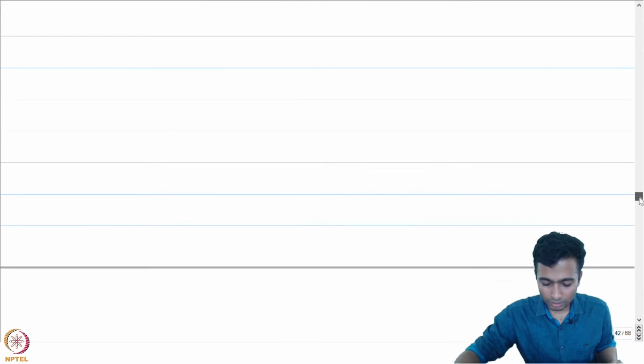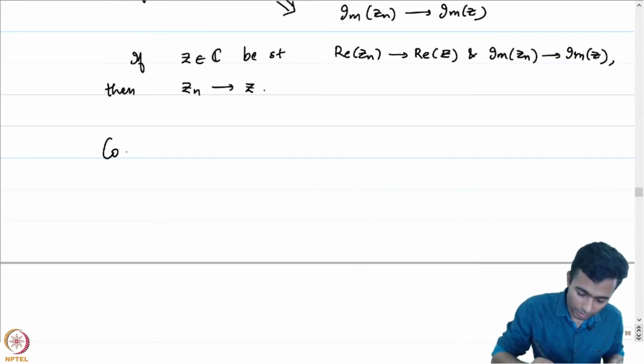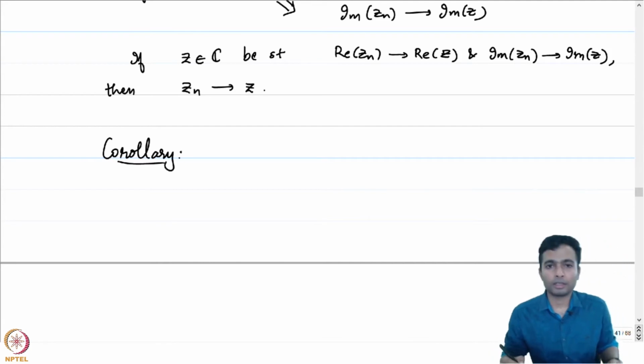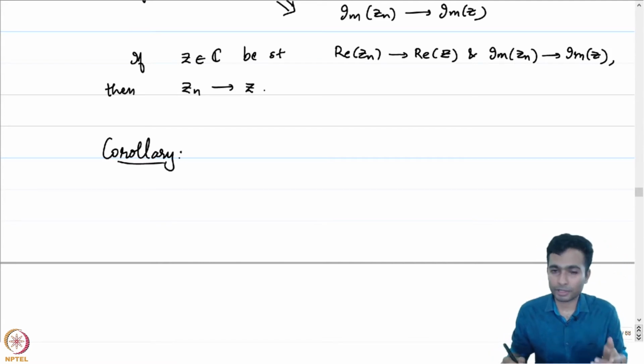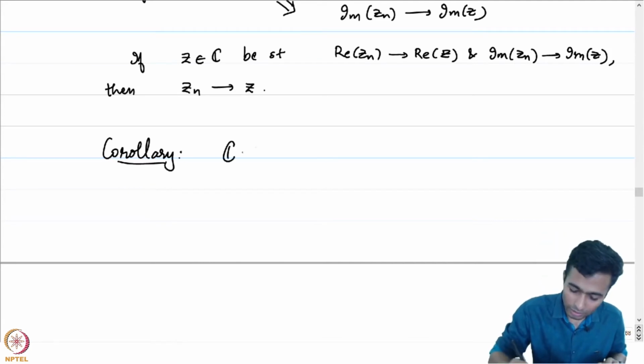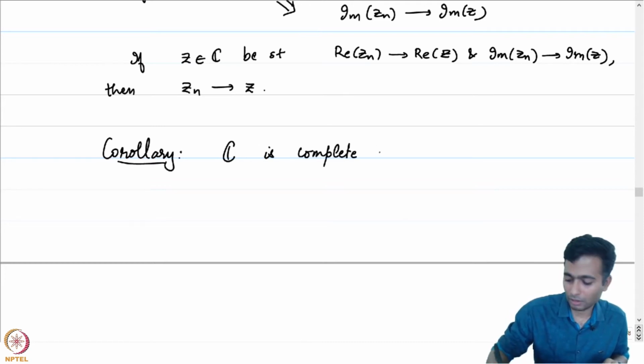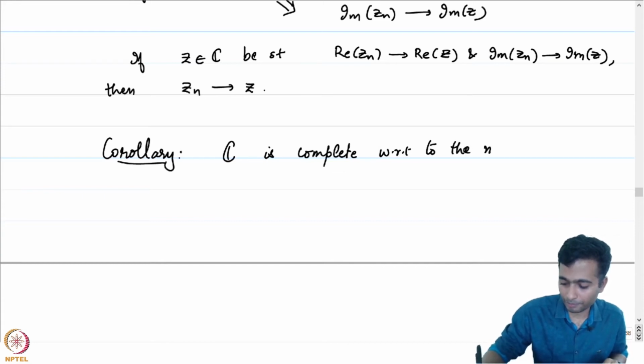I'll just write it down as a corollary, for you to finally verify that this tells us that the field of complex numbers is complete. C is complete with respect to the metric defined above.